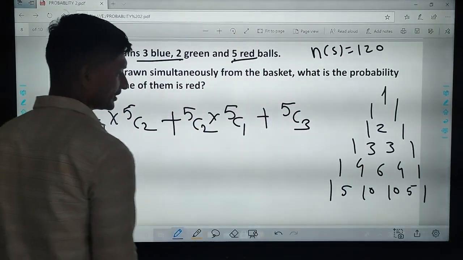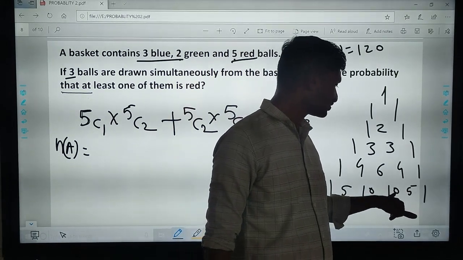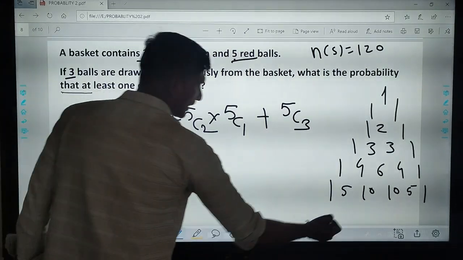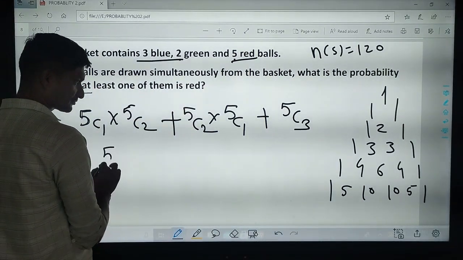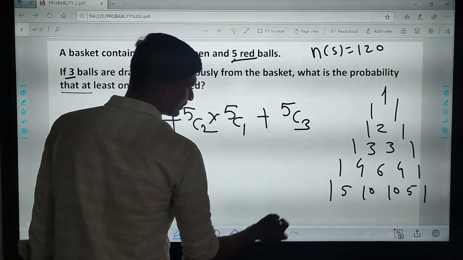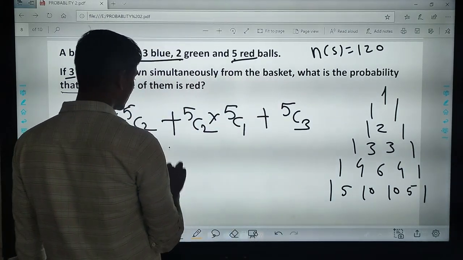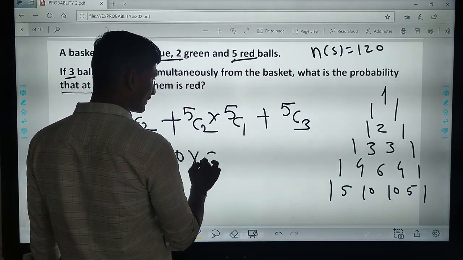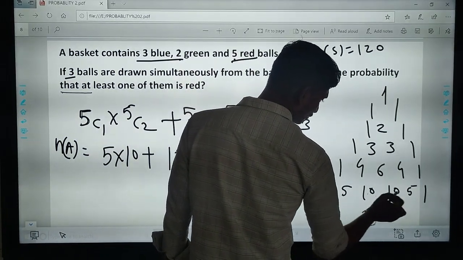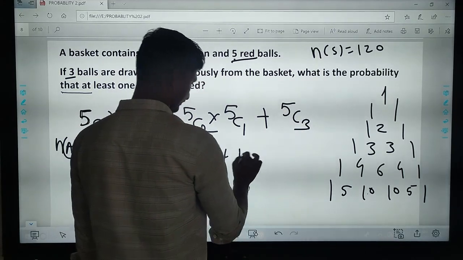Here these are the values of 5C0, 5C1, 5C2, 5C3, 5C4 and 5C5. 5C1 value is 5, 5C2 value is 10, 5C3 also 10.